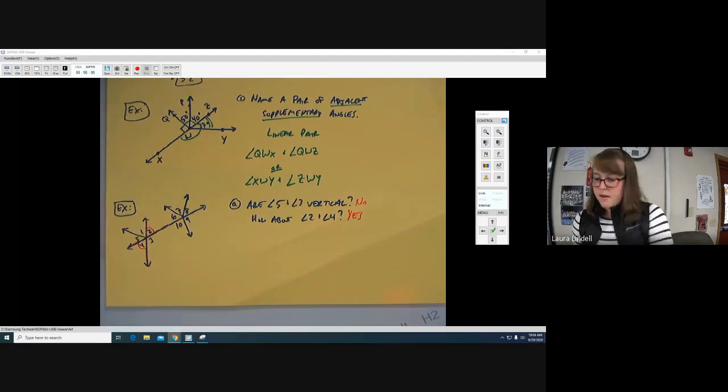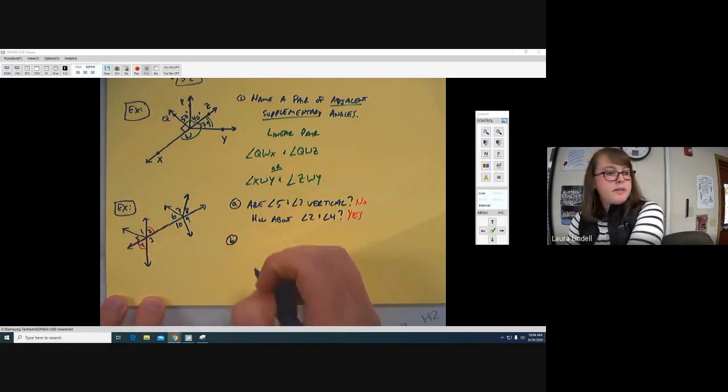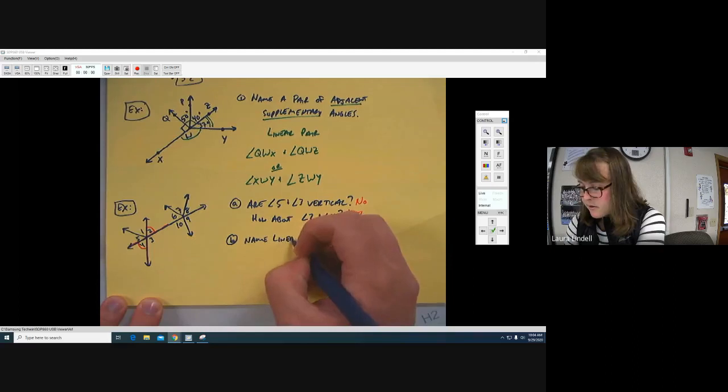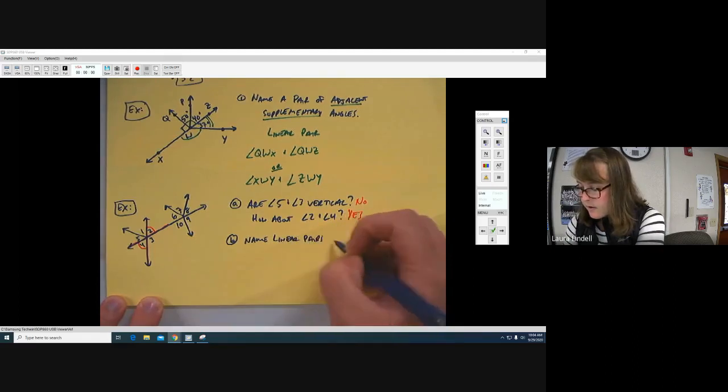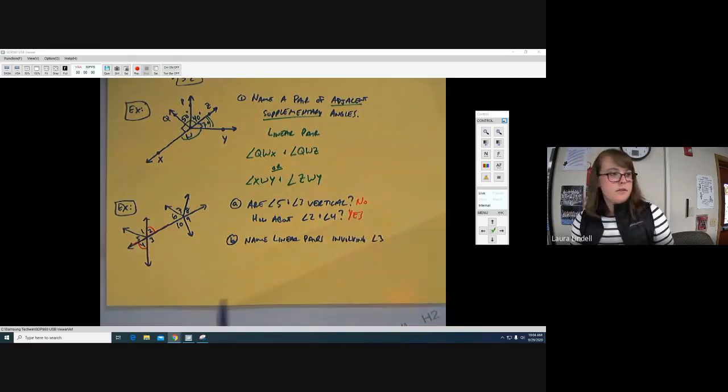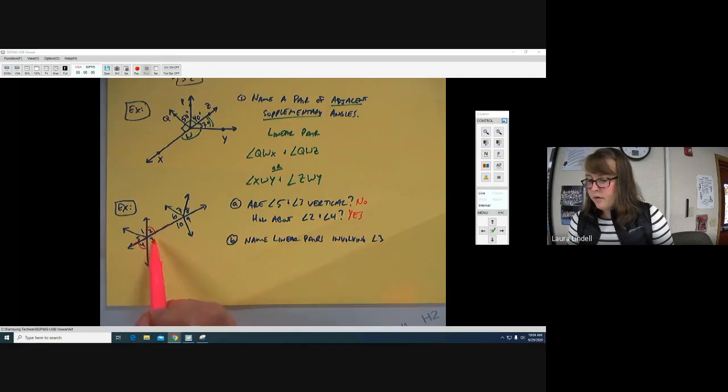Okay. And then another type of question we could see would be something like we had on our warm-up. We could say something like, name linear pairs involving angle 3. Well, first of all, angle 3 and angle 4 would be one of them.